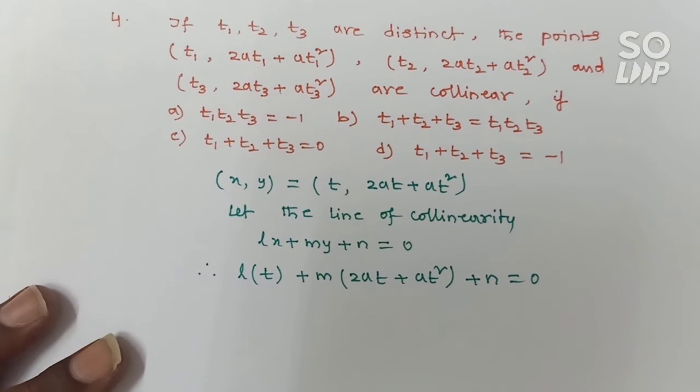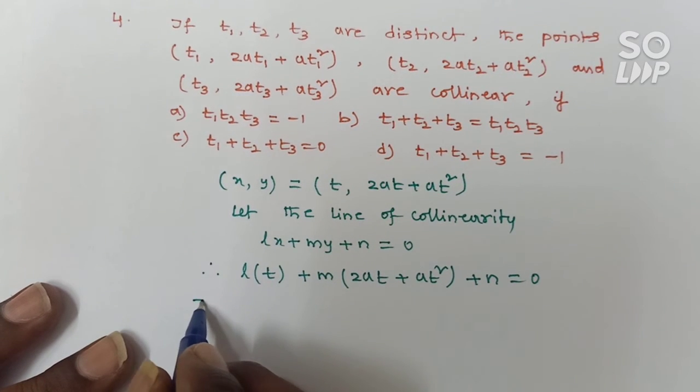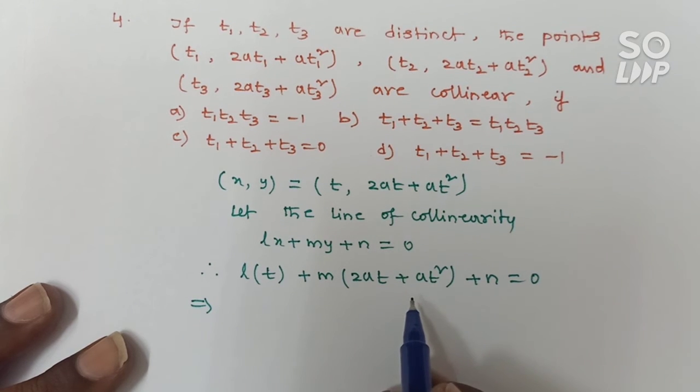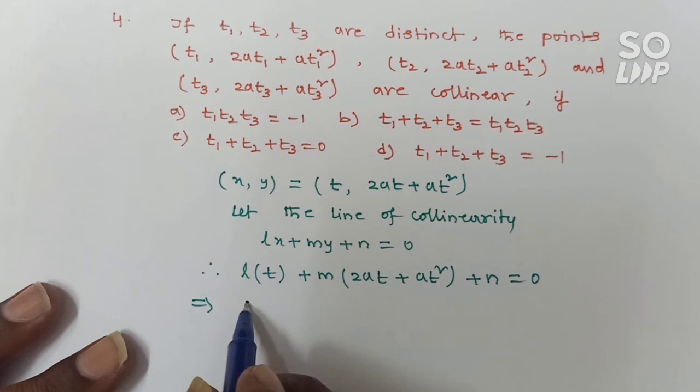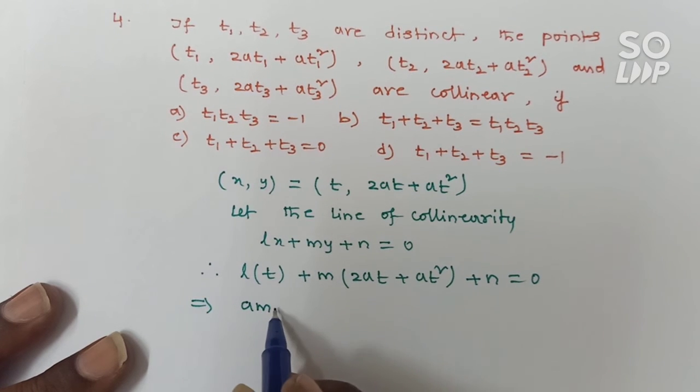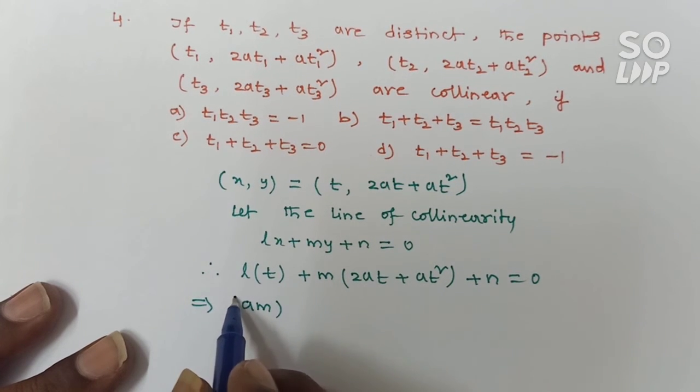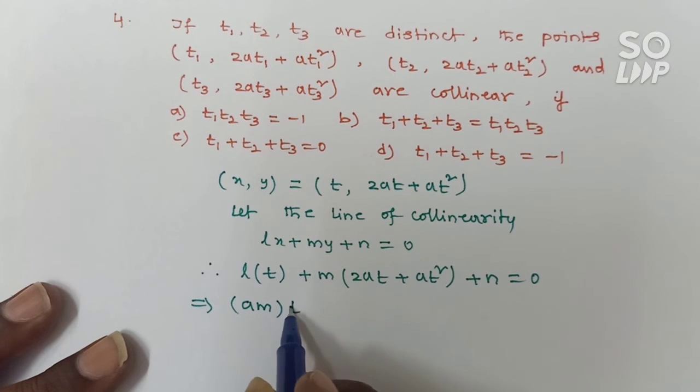is equal to 0. Now simplifying, the highest power of the term is t square: a into m into t square.